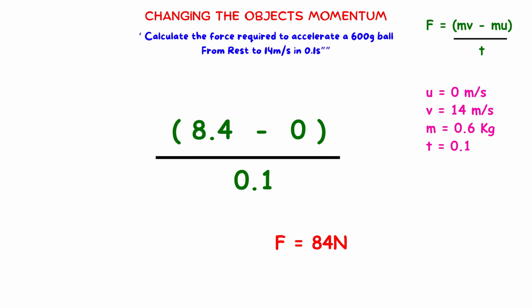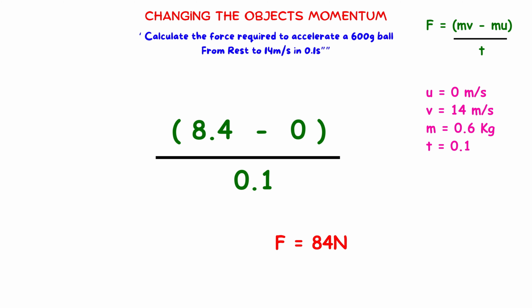Suppose we need to calculate the force necessary to accelerate a 600-gram ball, which is 0.6 kilograms, from a stationary position, meaning 0 meters per second, to a final speed of 14 meters per second, and all of this occurs within a time frame of 0.1 seconds. We start by listing the values. Initial velocity is 0.